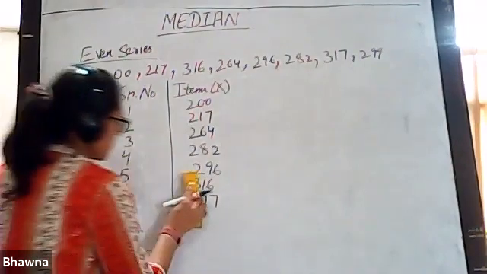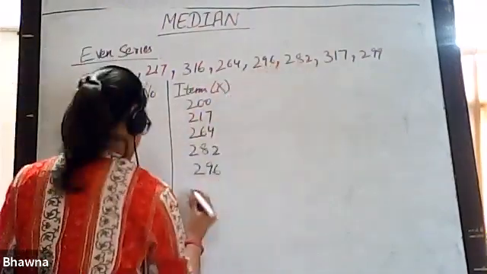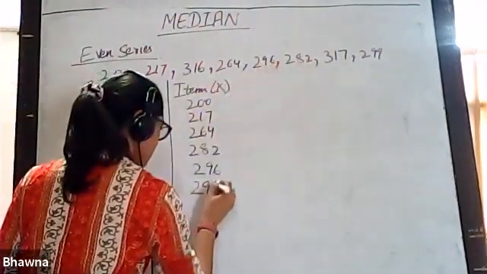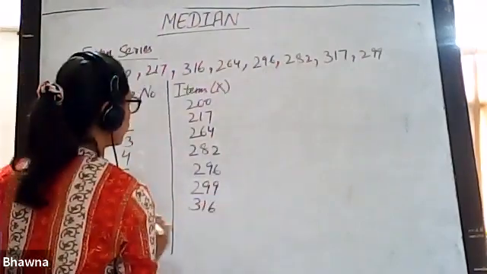Sorry, we are missing one item here. 296, after that 299, 316 and 317.